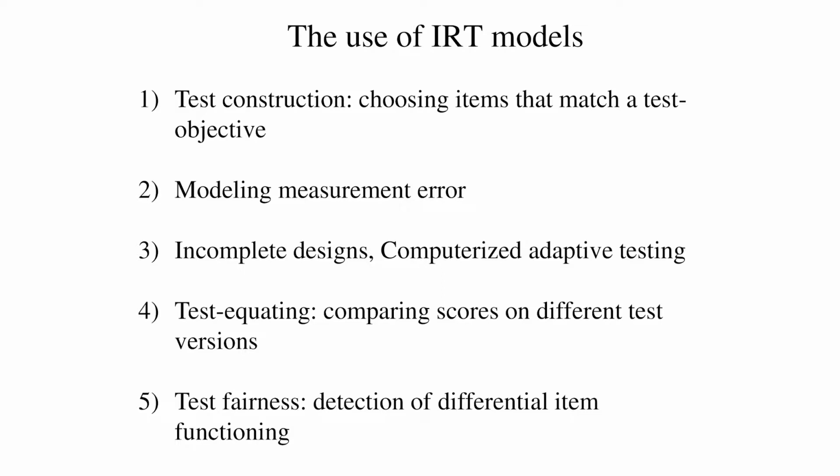Second one is modeling measurement error. That has to do with the fact that if we take measures like IQ or math ability or even your attitude towards capital punishment, these are all latent variables. They have measurement error, and that measurement error has to be modeled if you subsequently want to use it in analysis of variance or covariance or regression analysis, whatever you want to do, structural equation modeling.